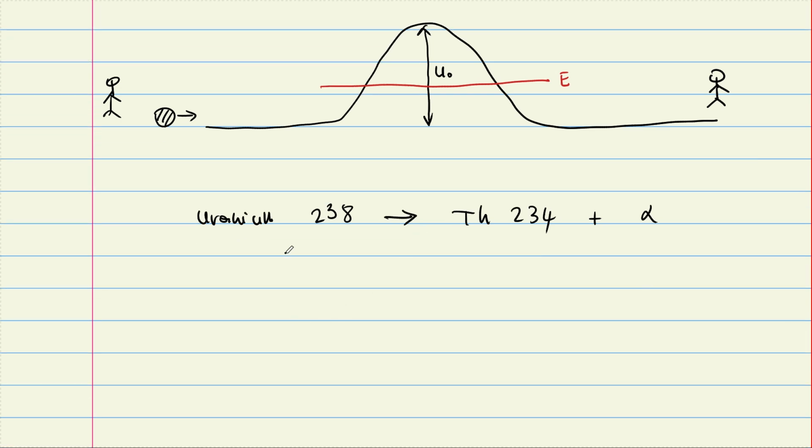Nuclear physics is complicated, but people know how to probe the nuclear structure, and you can think of these protons and neutrons, which we call nucleons, as bound by the so-called strong nuclear force.